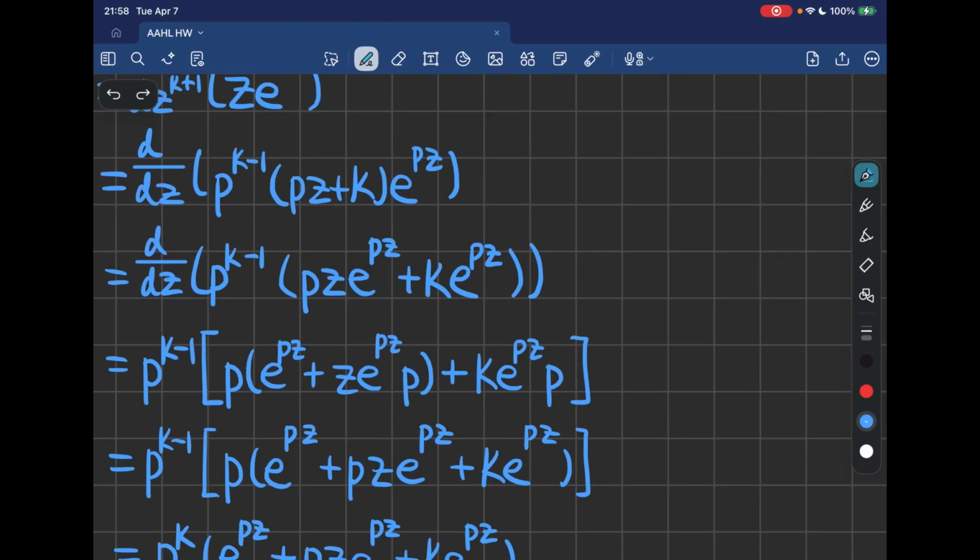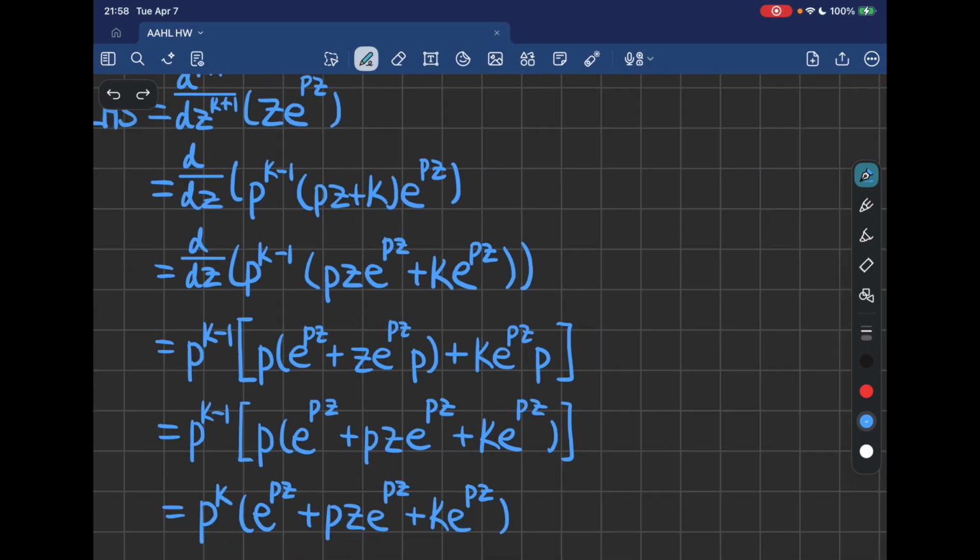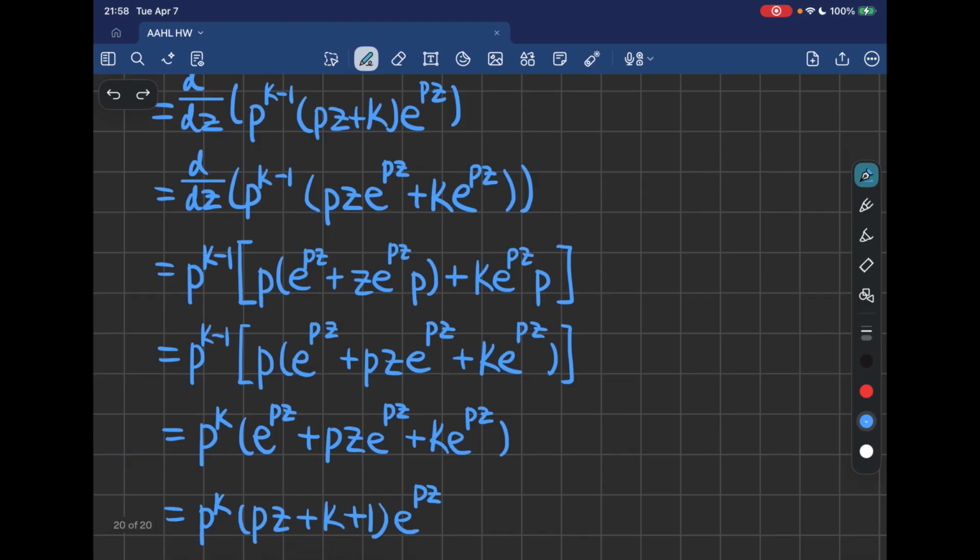Now what I do is that I just expand it because it will facilitate differentiation. And now let's just differentiate it. Remember, the variable of interest is only z, right? It's only here in 3 places. So we can pull out p to the power of k minus 1 directly and differentiate what's inside. Here we have product rule.